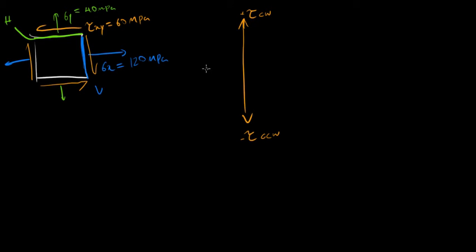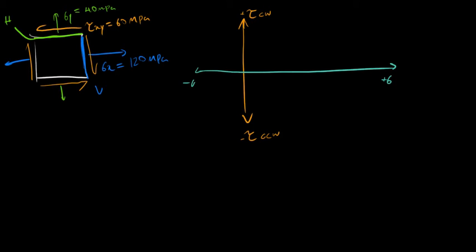And the horizontal axis is all the normal stresses that we have. Negative here, positive here.